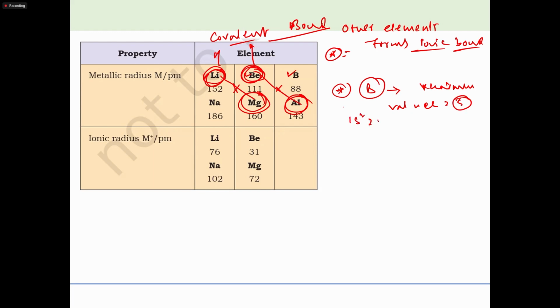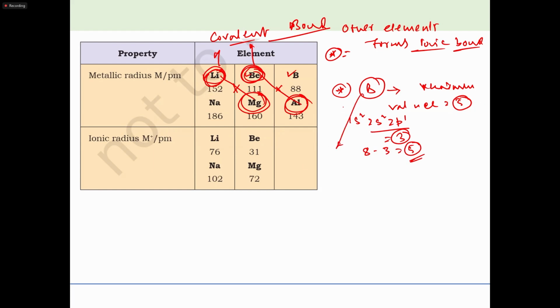How? Its configuration is 2s2 2p1, so the valence electrons are 3. So 8 minus 3 equals 5. This is the maximum valence, equal to 5, for boron.